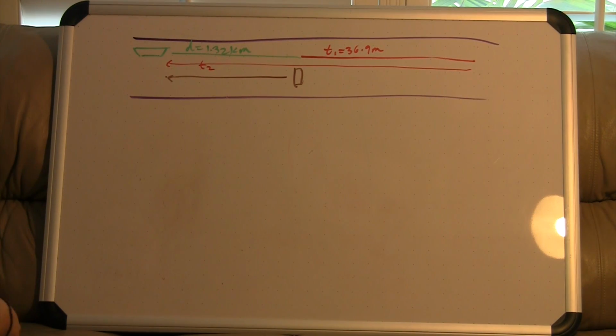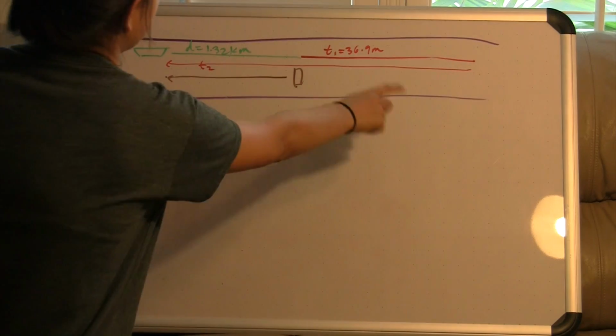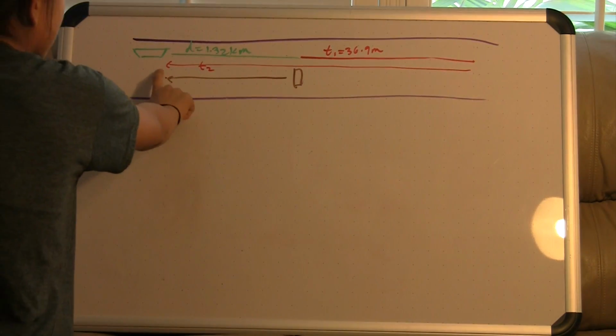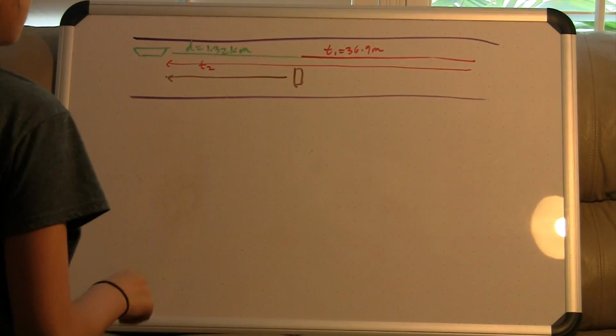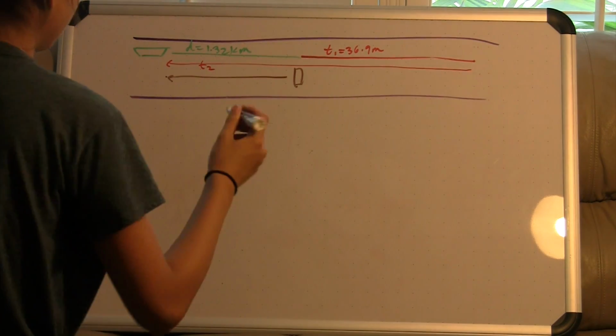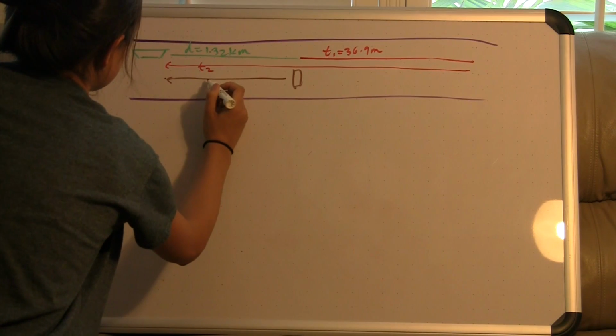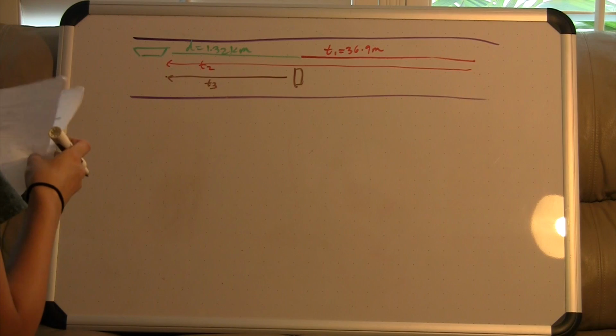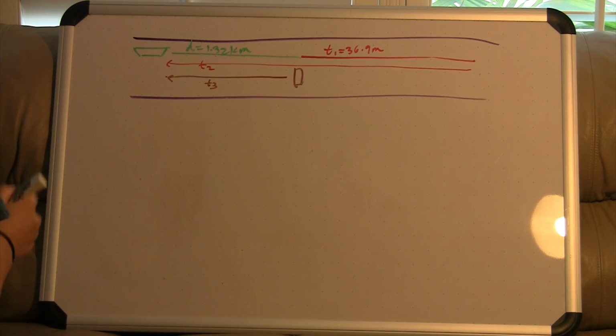And then we know that the time it takes to travel from here upstream and then all the way back downstream, T1 plus T2, equals this time, and let's label this as T3. So those are our 3 time variables.